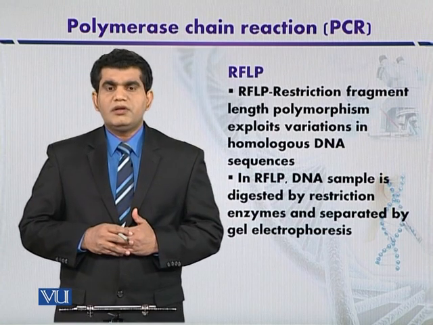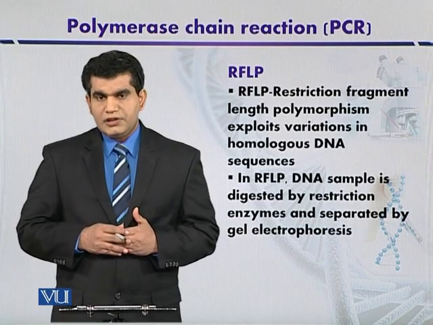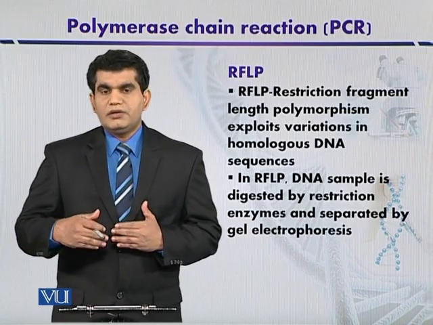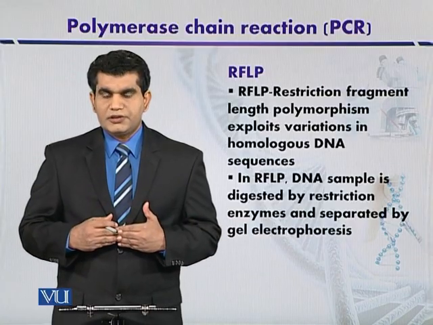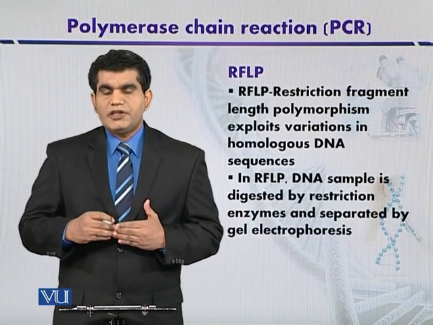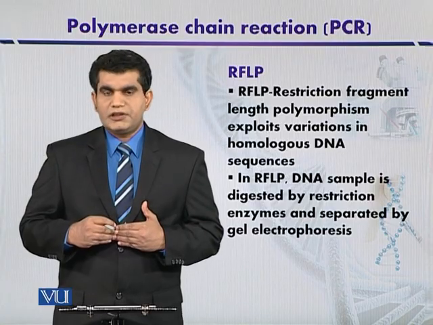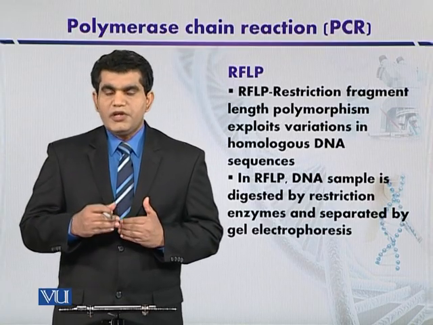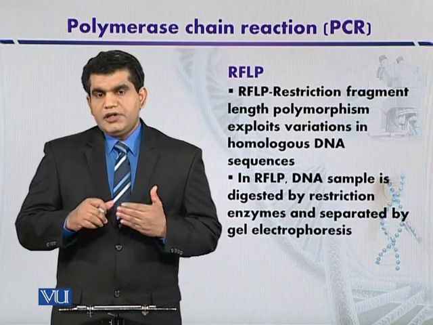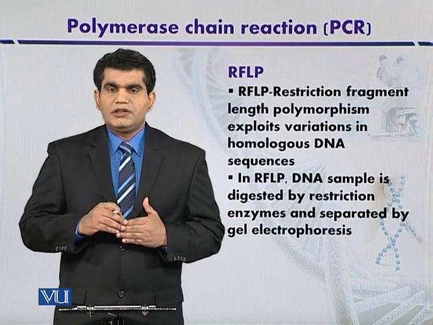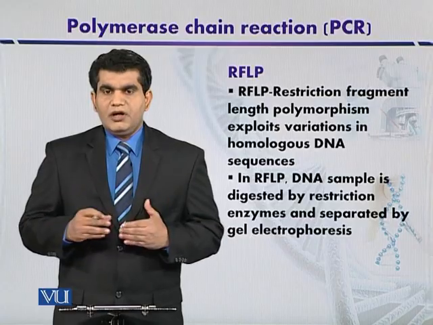So by using the RFLP technique, we can resolve the DNA fragments that are called restriction fragments, and it has application in the field of forensic sciences, where we can know whether a particular suspect has committed the crime or not.